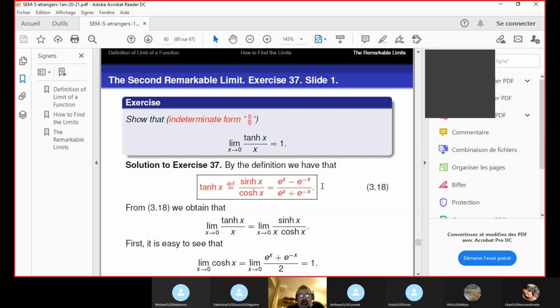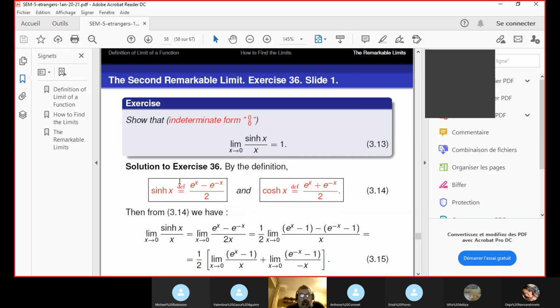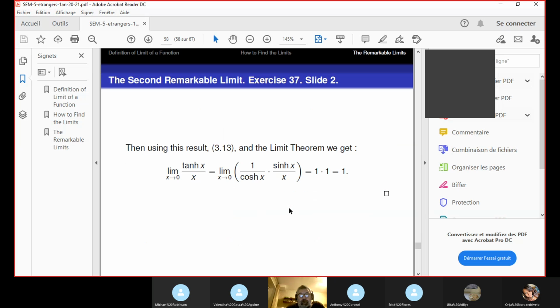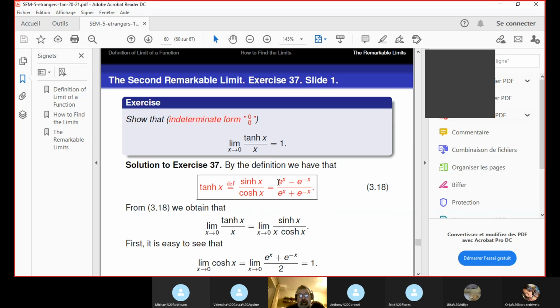So if you make use of the definition of sine and cosine, you will see that it will be e to the power x minus e to the power minus x over e to the power x plus e to the power minus x.